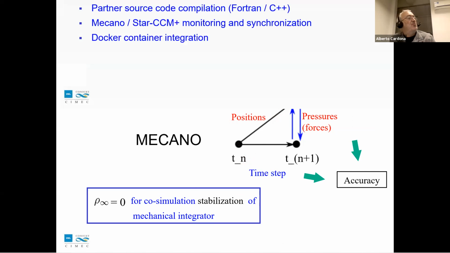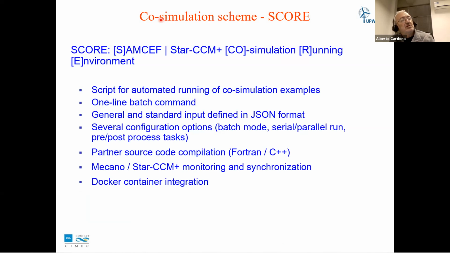In the project, we developed several softwares in order to make both softwares, Mecano and STAR-CCM+, collaborate. This cosimulation scheme we named SCORE, for Samtech CEF STAR-CCM+ cosimulation running environment.